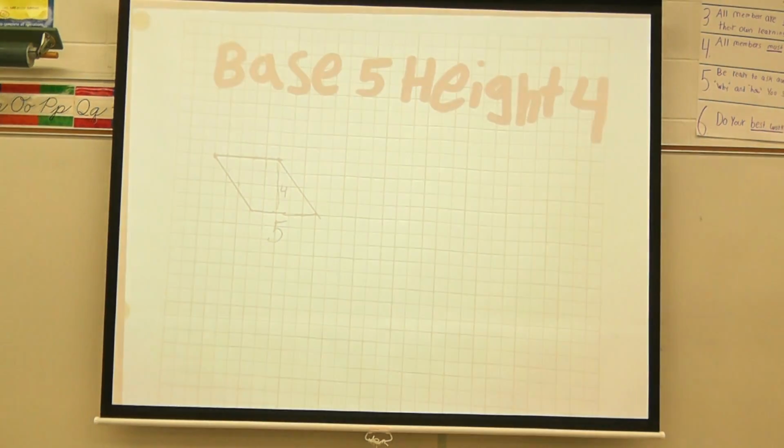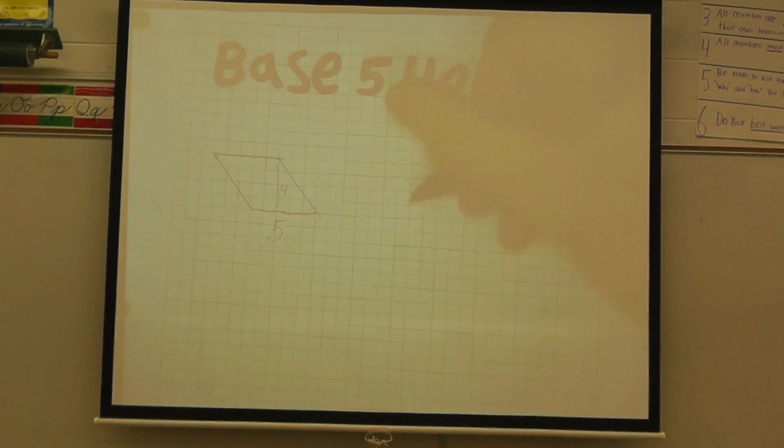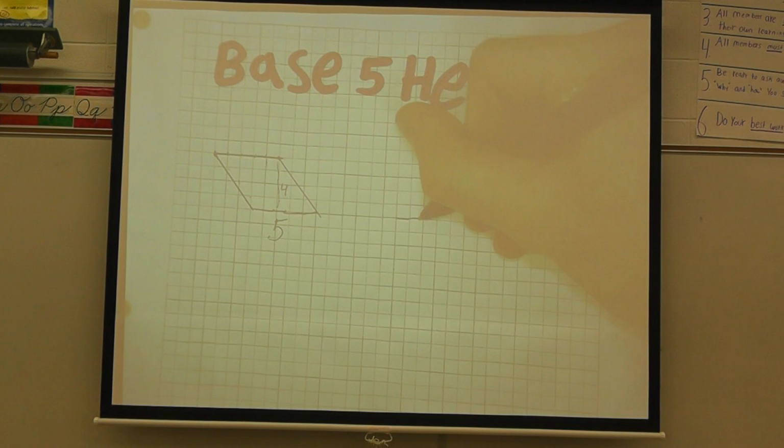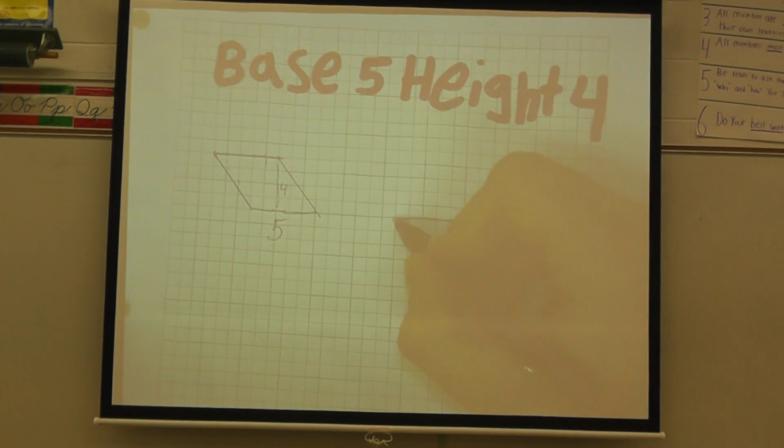Okay, now there are several different examples you could use for parallelograms, so yours that you drew at home might look different than the one I'm going to draw over here. I'm going to go 1, 2, 3, 4, 5 across there, and go on a diagonal this way, 1, 2, 3, 4.